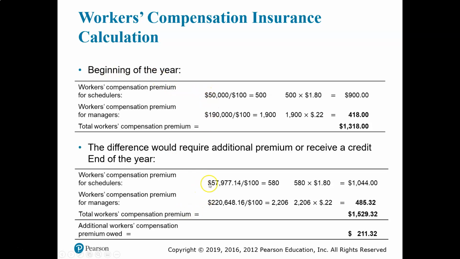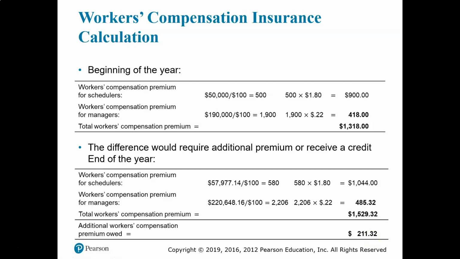At the end of the year, you're figuring, oh, here's what my salaries are, divided by $100 is 580 times the rate is 144. So this is the true amount of workers' compensation insurance premium. And then here's the true calculation for managers based on the actual wages. So up here was just an estimate. And then the difference is your additional premium that is owed.